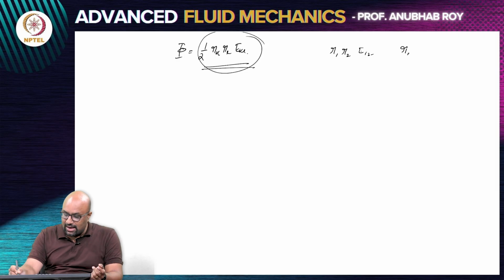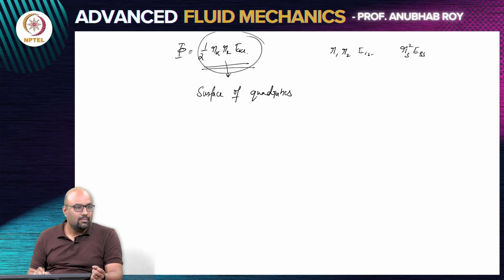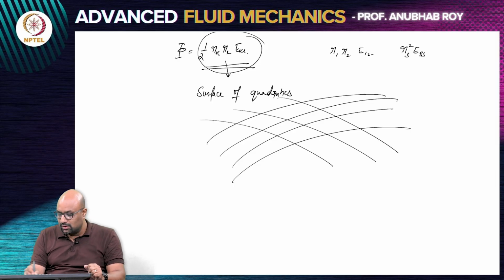It will have terms like R3 square, E33. It will have all kinds of terms like this. So, what this represents is a surface of quadratics. You have a surface in space that is basically given by this quadratic function. So, you have some kind of a surface that you can imagine being drawn like this, which is given by this scalar function.